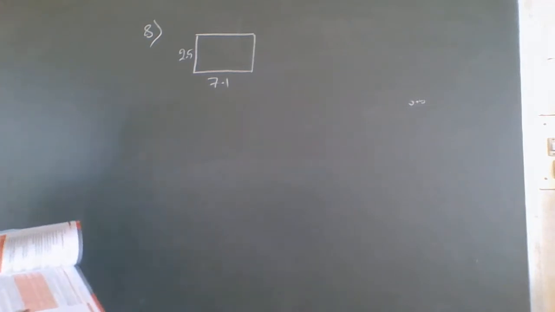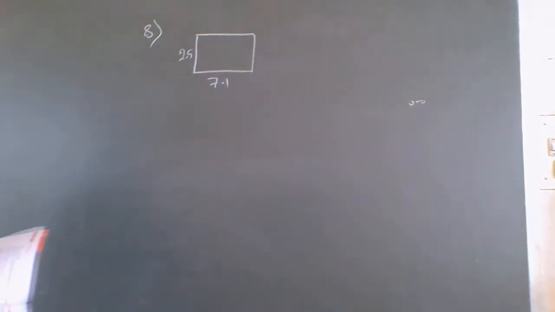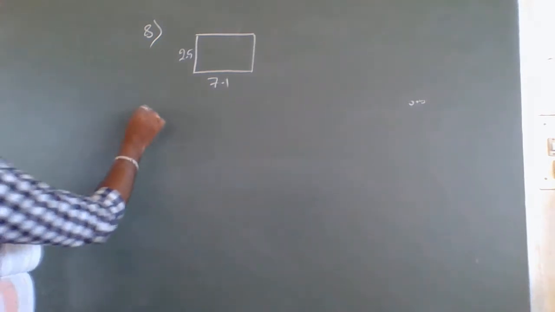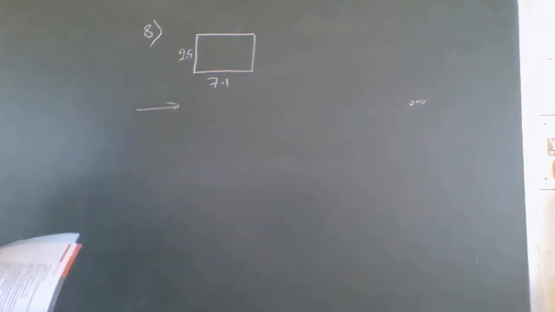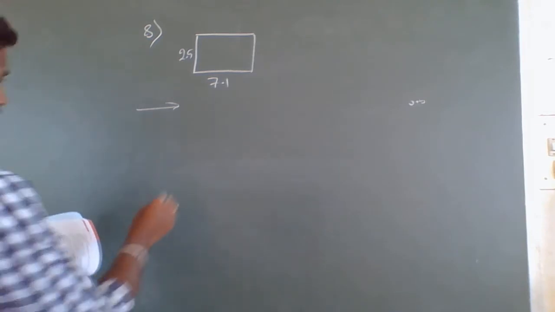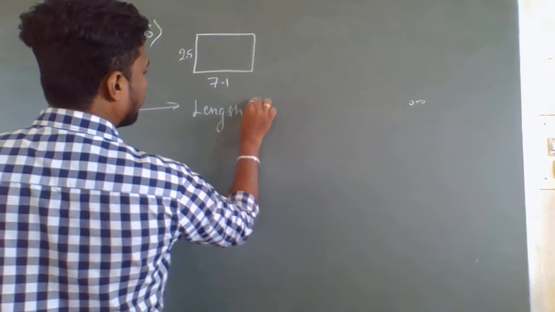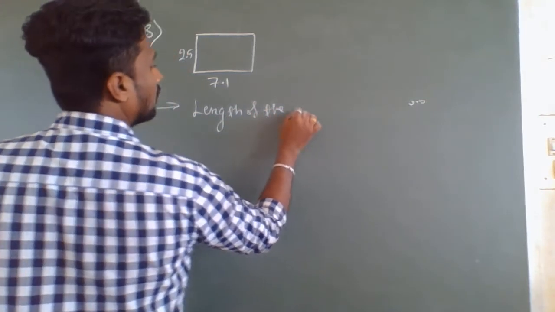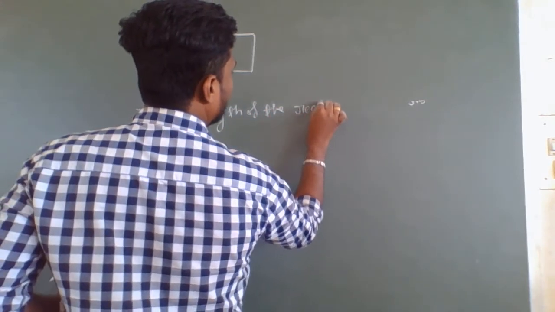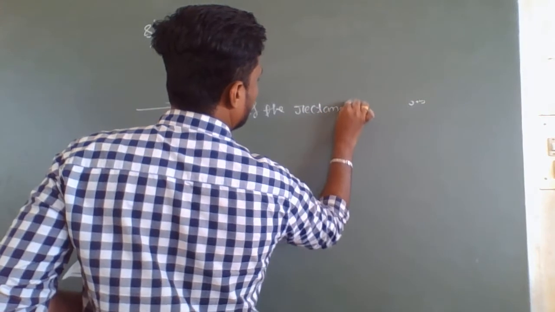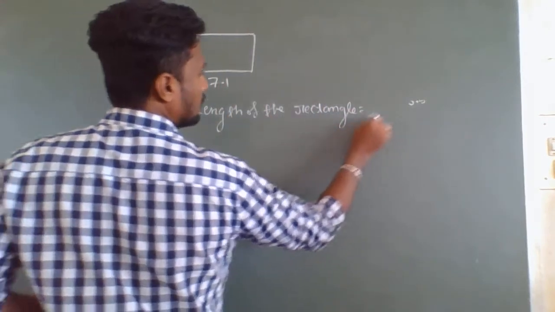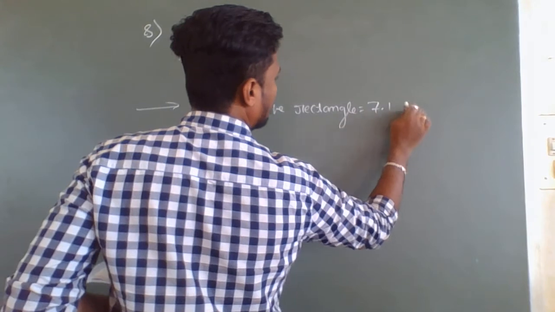What is the area of the rectangle? In the solution we have to find the area of the rectangle. So they have given that the length of the rectangle equals 7.1 centimeter.